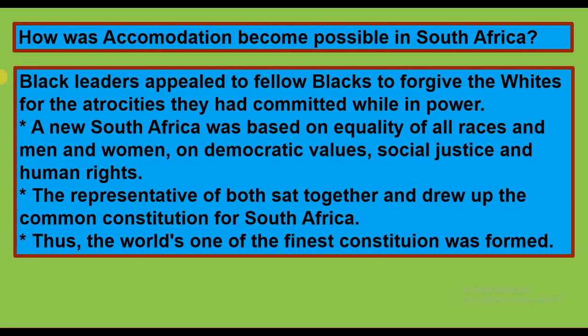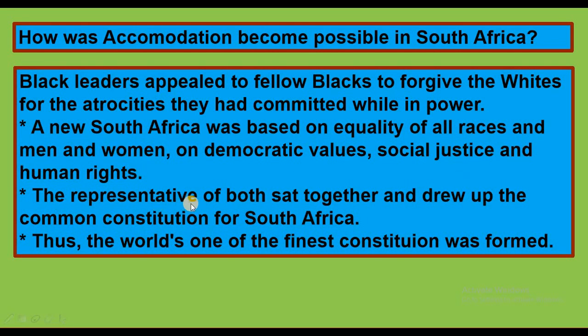When the time came to design the constitution, the black leaders appealed to fellow blacks to forgive the whites for the atrocities they had committed while in power. A new South Africa was based on equality of all races and of men and women, on democratic values, social justice, and human rights.